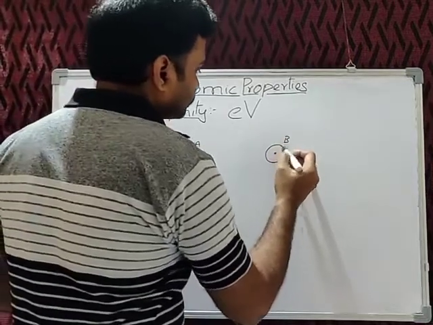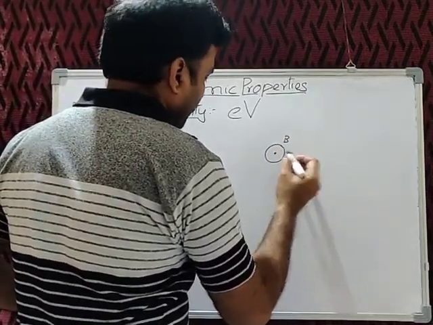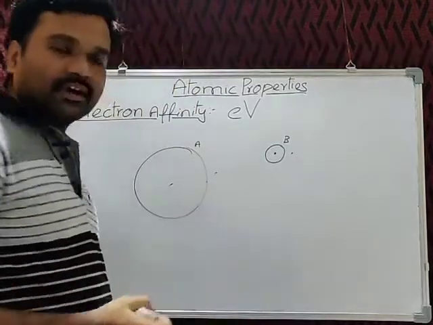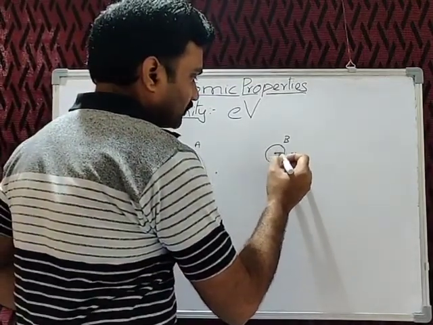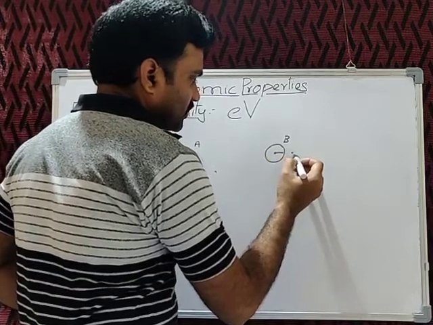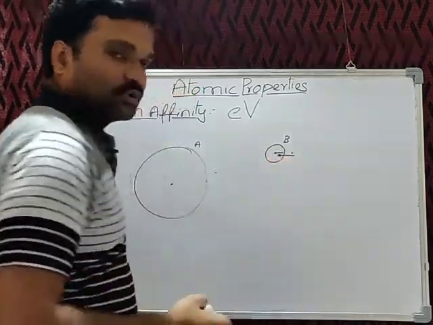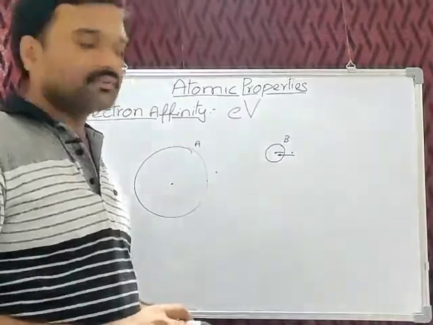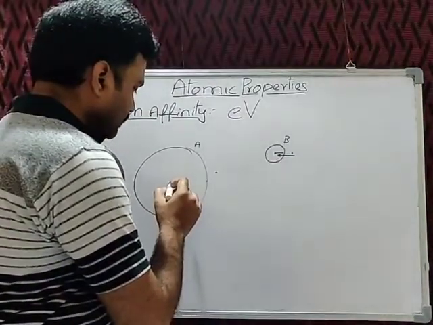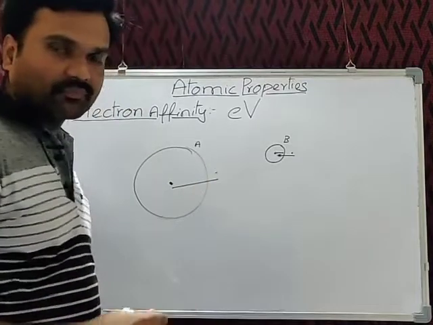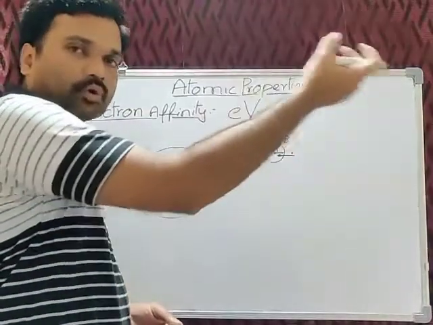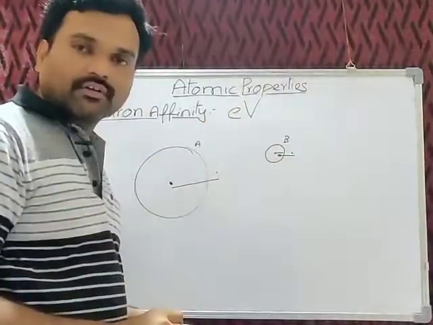A and B. One electron is given to both the atoms. In the small atom, the distance from the nucleus to the incoming electron is very less, so it can attract the electron very easily into its orbits. In the bigger atom, the distance between the nucleus and the incoming electron is so far that the nuclear force of attraction on the new electron will be less.